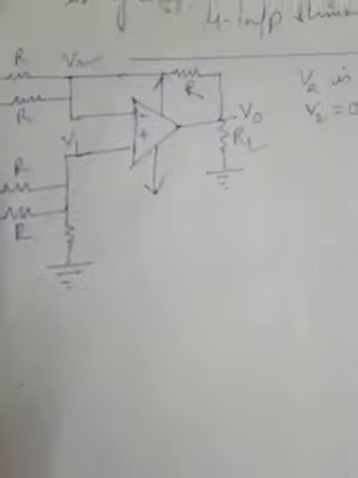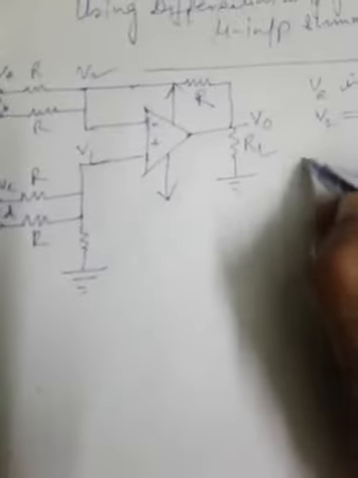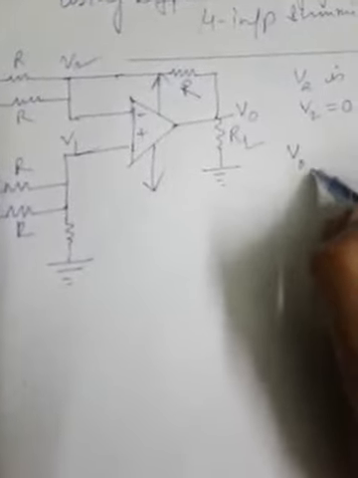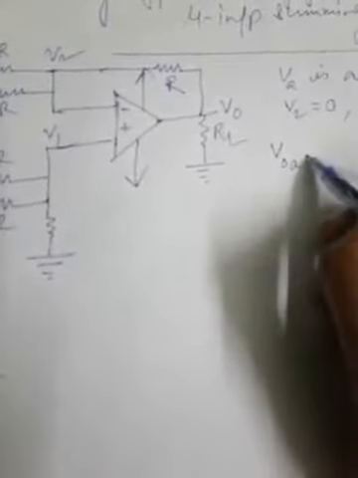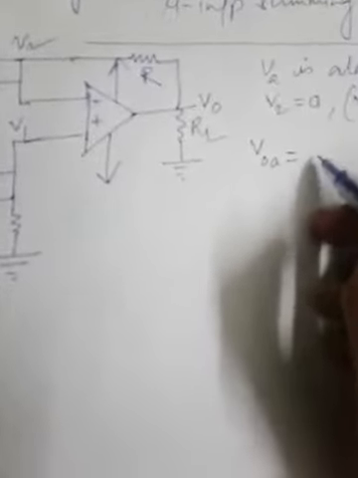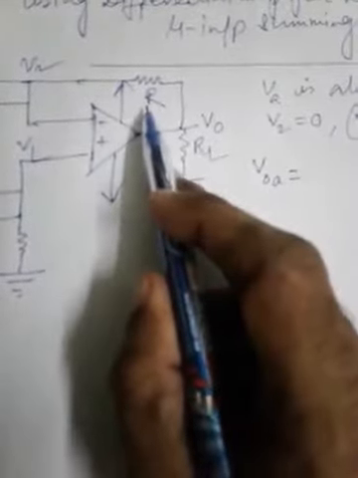Now the output voltage VO with respect to A, denoted by VOA, when VA is acting alone, can be given by the gain formula for the inverting amplifier, minus RF by R1. RF is R, R1 is R, so it is minus R by R into VA.